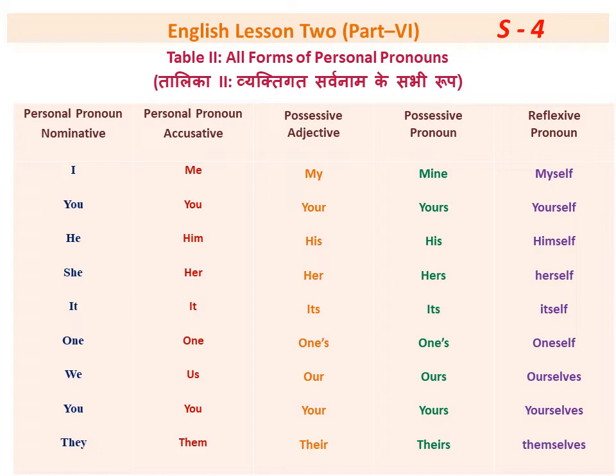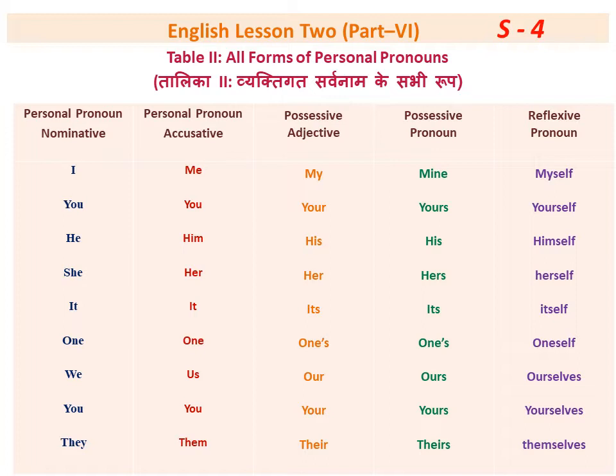First column, personal pronoun nominative; second column, personal pronoun accusative; third column, possessive adjective; fourth column, possessive pronoun; fifth column, reflexive pronoun. Under each column from left to right, the corresponding details are given for each word in the first column on the left side.